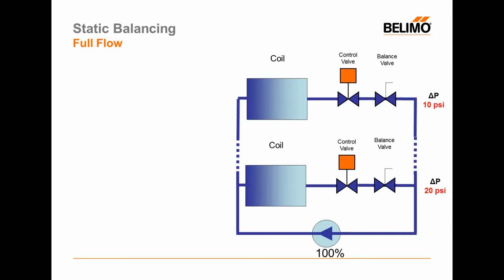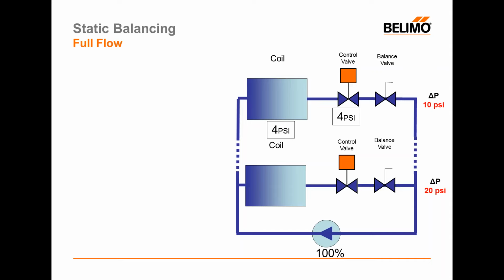So let's go ahead and balance this building as we would traditionally. At our top floor, we have a 4-pound pressure drop on the coil, and then a 4-pound pressure drop designated for the valve based on the way we size the valve.